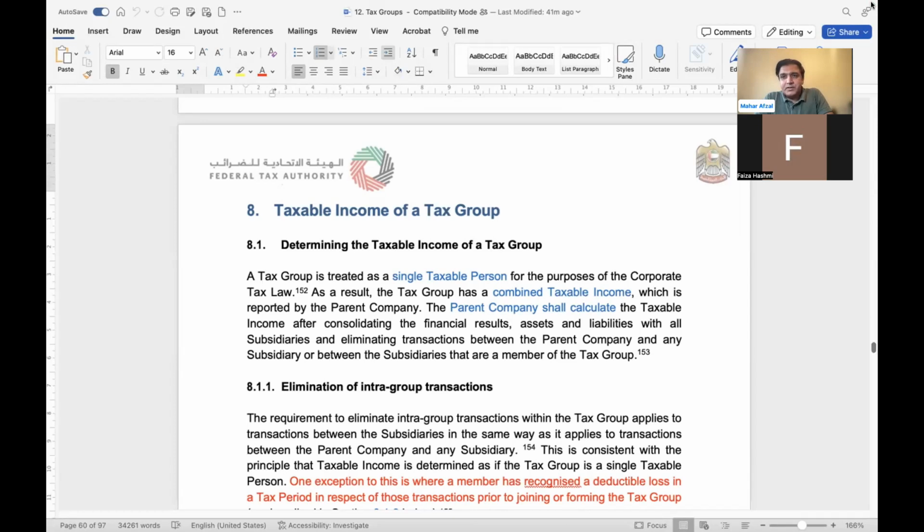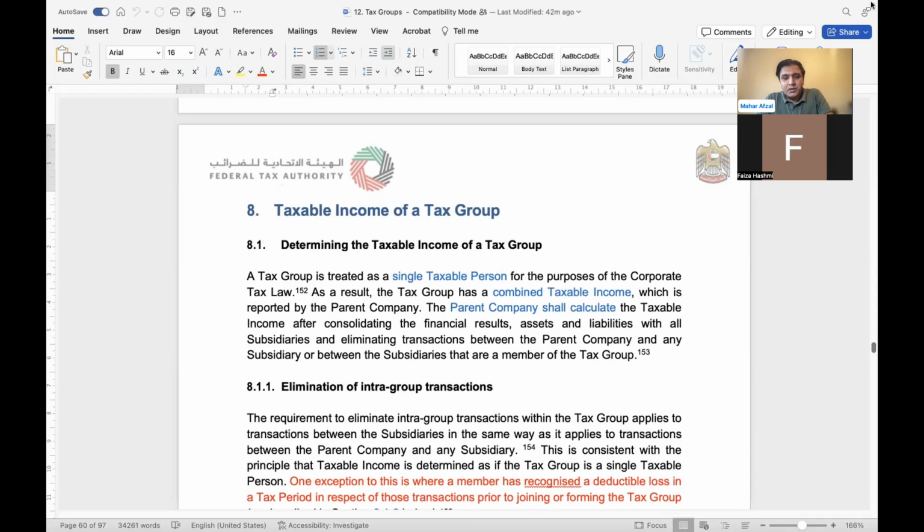We are still discussing the tax group and the taxable income of the tax group. In our previous webinar, we discussed how to calculate the taxable income of the tax group. We discussed that the parent company will be liable to consolidate the financial results of the individual entities. All intragroup transactions will be eliminated. But there was one exception: one transaction will not be eliminated.